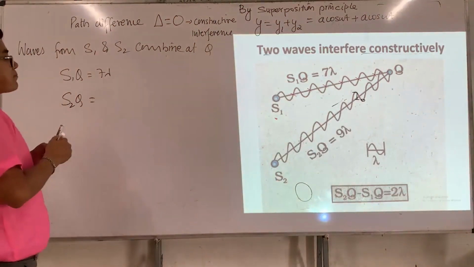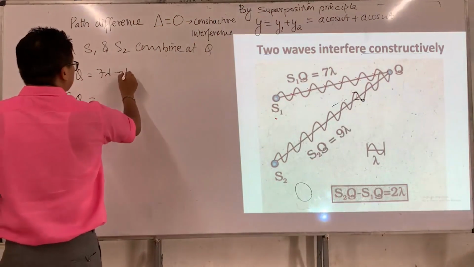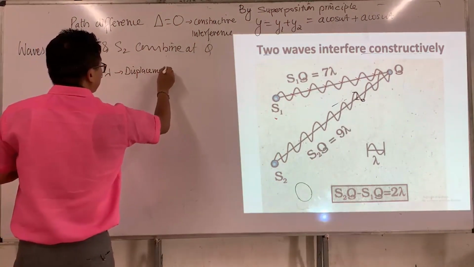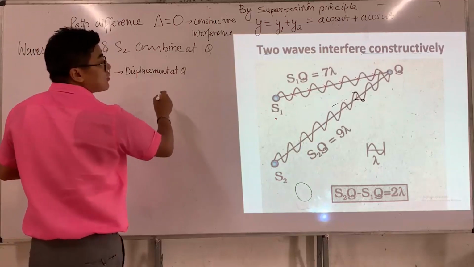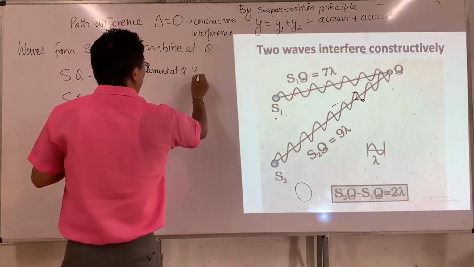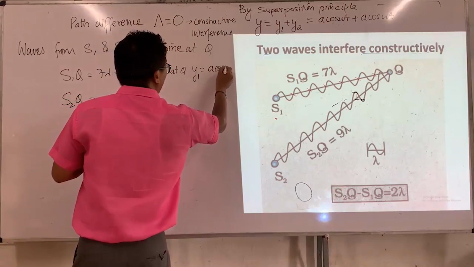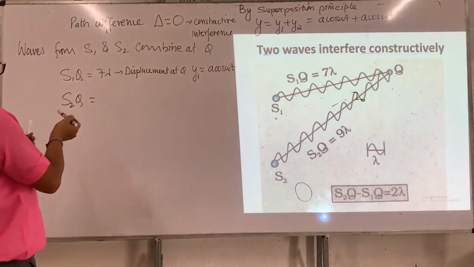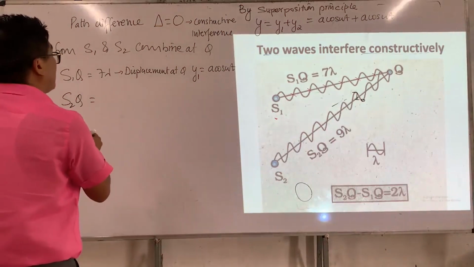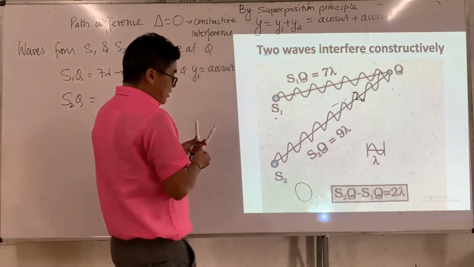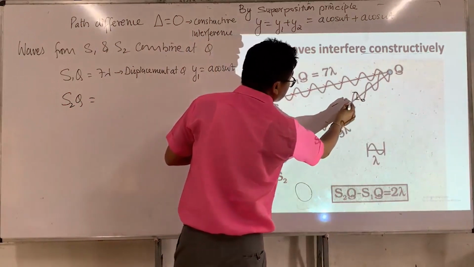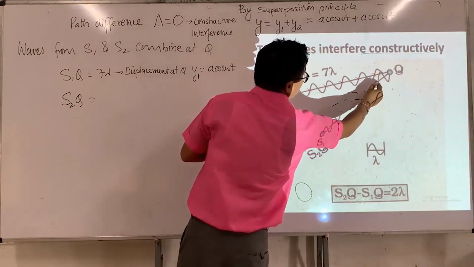And then S2Q. The displacement at Q, Y1, is going to be A cos omega t. Now next, at Q, how many wavelengths? Let's count: 1, 2, 3, 4, 5, 6, 7, 8, 9.